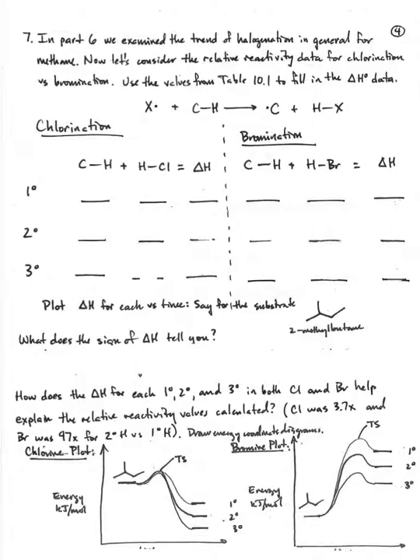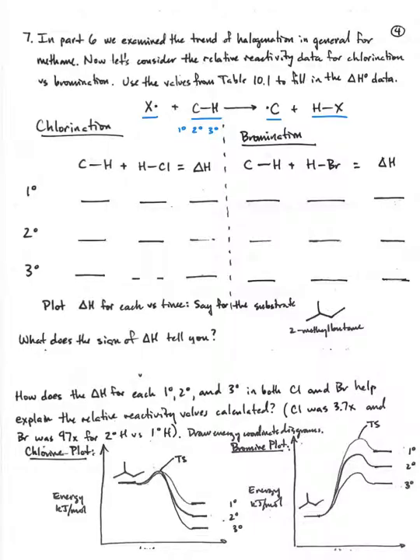So in this last part, we're going to look at the relative reactivity of the chlorine versus bromine data. And we're going to do it for this reaction in which we have our halogen radical, and then we have this very broad CH, where that can be a primary, secondary, or tertiary CH bond, to form the carbon radical plus HX.